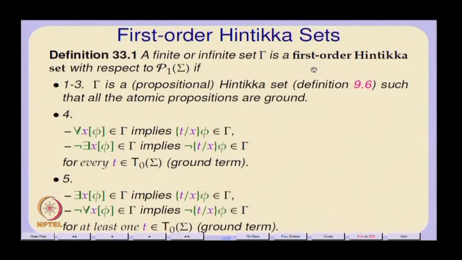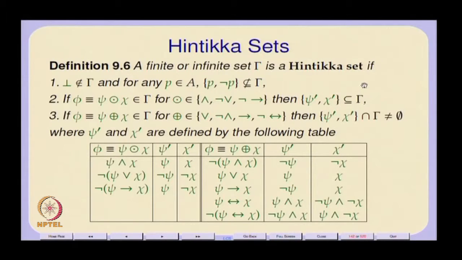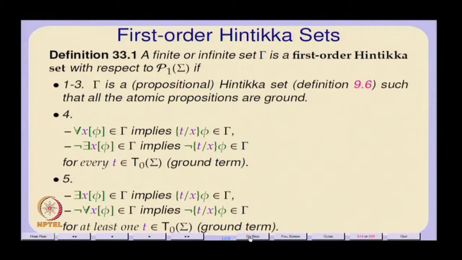Right. So what we will do is the notion of a Hintikka set is extended to the notion of a first order Hintikka set with respect to this language. Of course, this 1 to 3 is all those propositional Hintikka set definitions. So every Hintikka set has to be a propositional Hintikka set, in the sense that it will be closed according to those rules of this definition, and such that all atomic propositions are ground.